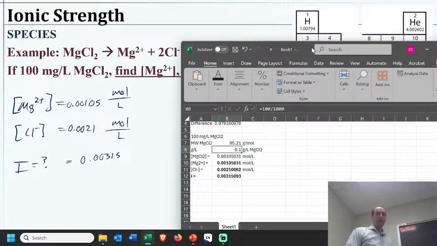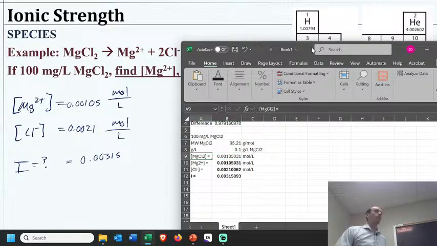Then I take 0.1 divided by the molecular weight, so that takes us from grams per liter dividing by grams per mole. The grams will cancel and that'll flip the moles. So you just have to make sure you're doing that in the right order to get the units right. You should get an answer with moles per liter of MgCl2.